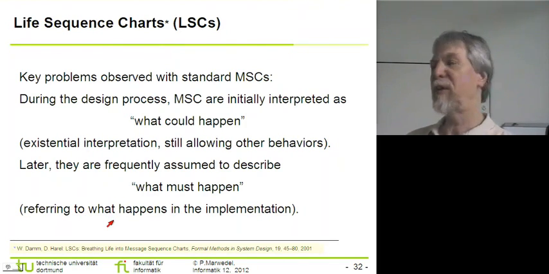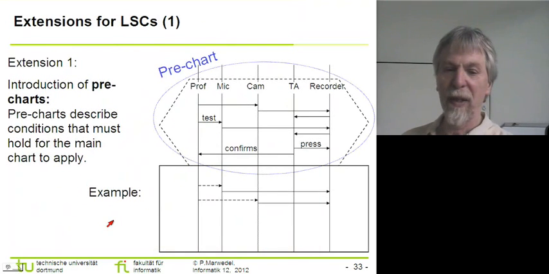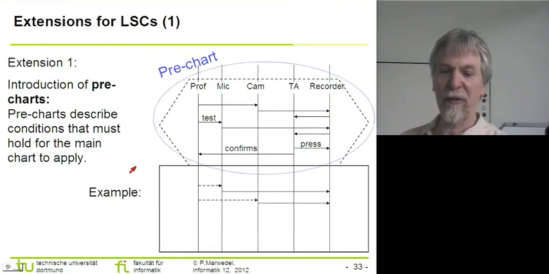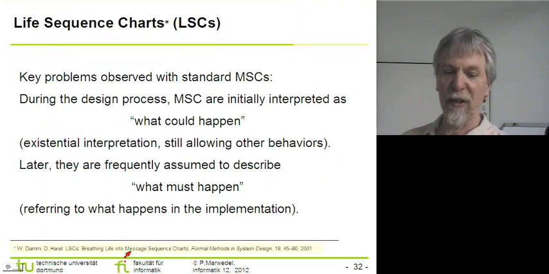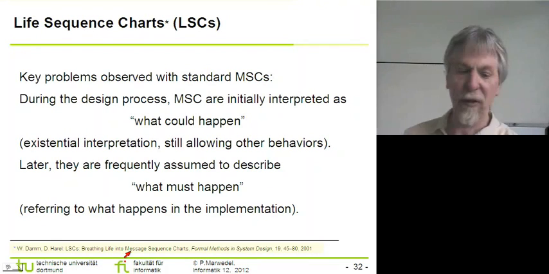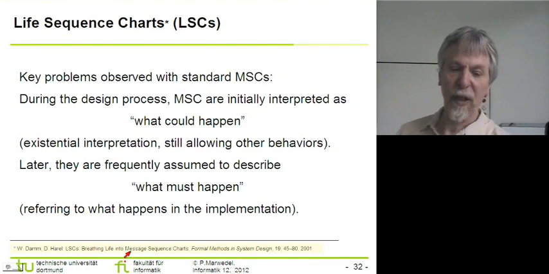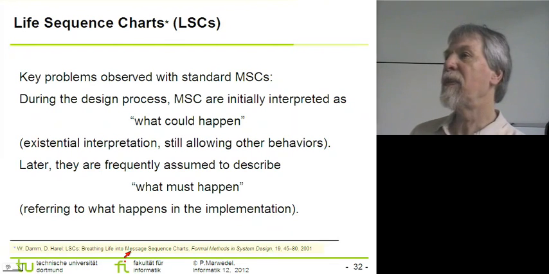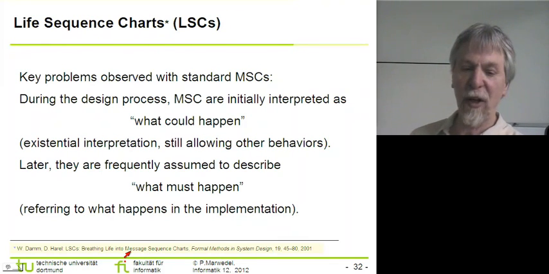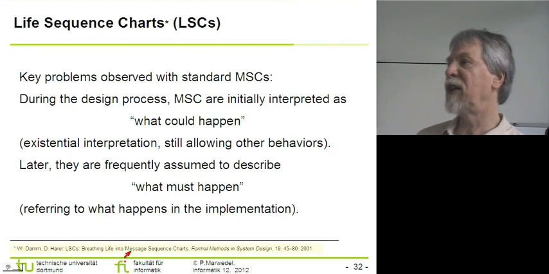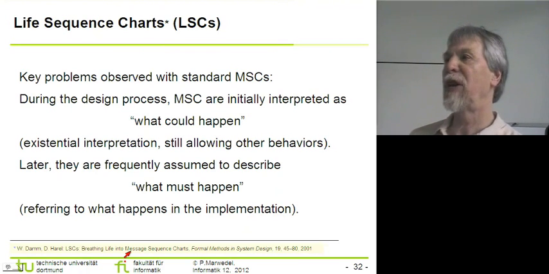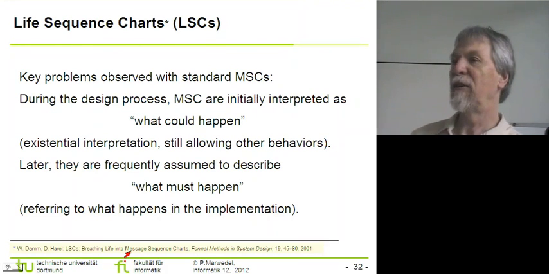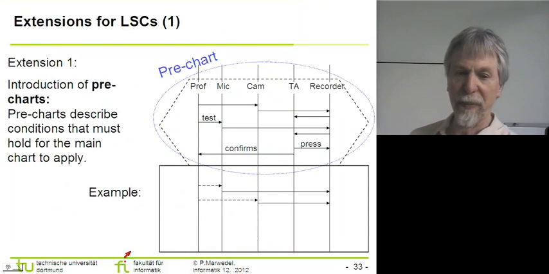And with standard sequence charts, that's not possible. So therefore, there have been a set of colleagues, actually they are mentioned down here in this little footnote. There are Werner Damm and David Harel, who proposed the introduction of so-called live sequence charts, and live sequence charts are defined so that we overcome this limitation of sequence charts.